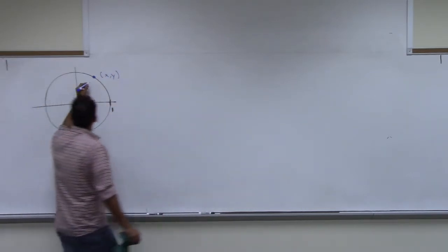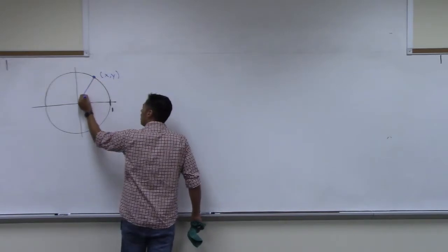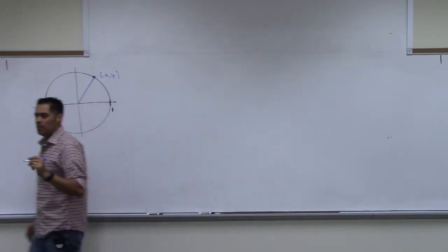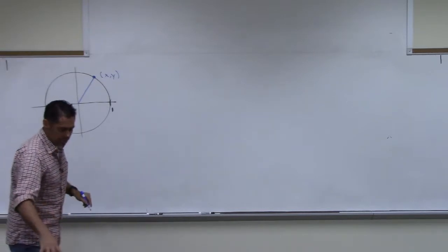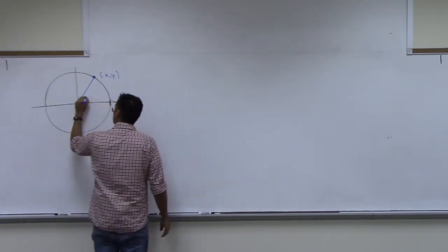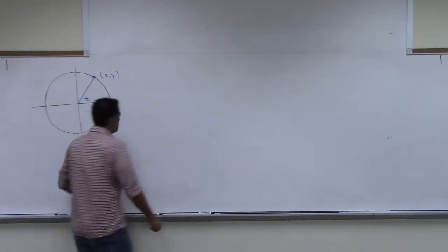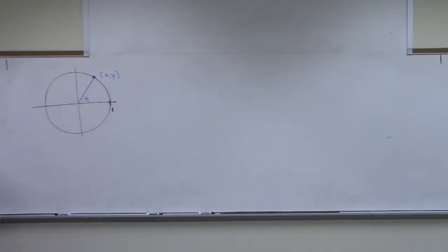That forms an angle right here. We are going to call that angle T. Why? Because the book wants us to call it T for right now. I'll illustrate in the next section next week why we're going to use T, but it's really kind of a dummy variable. We could have used theta, but I'm going to use T.